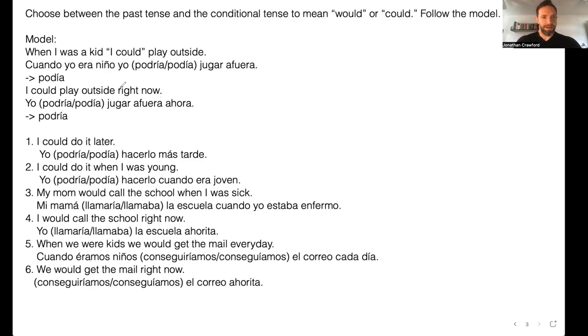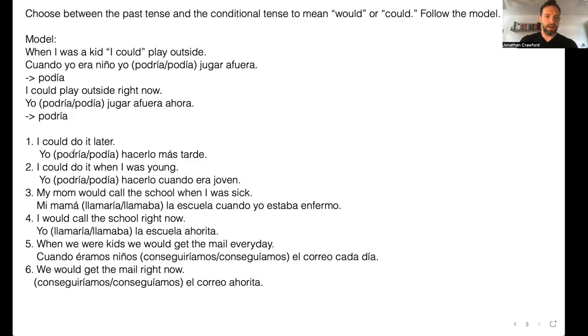So I could play outside right now. Yo podía jugar afuera ahora o yo podría. It's going to be podría. Yo podría.